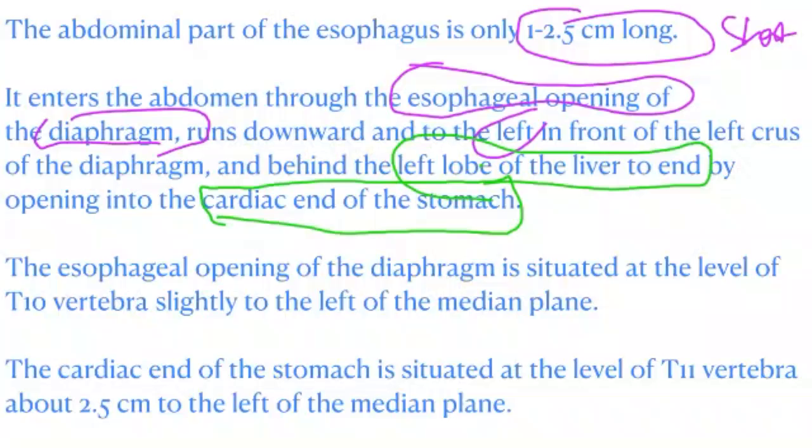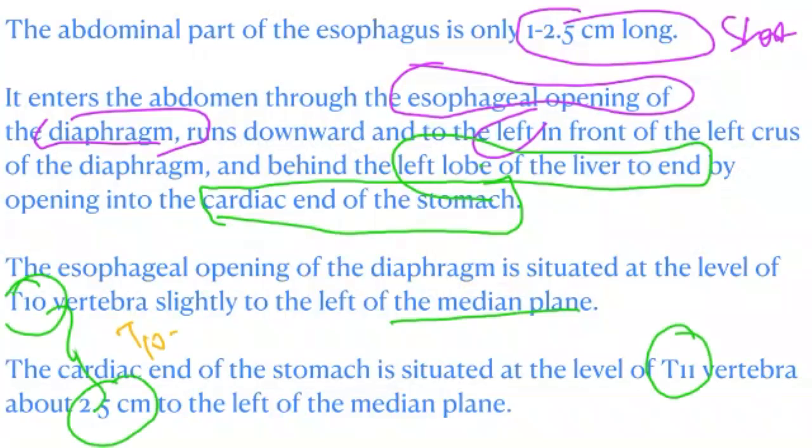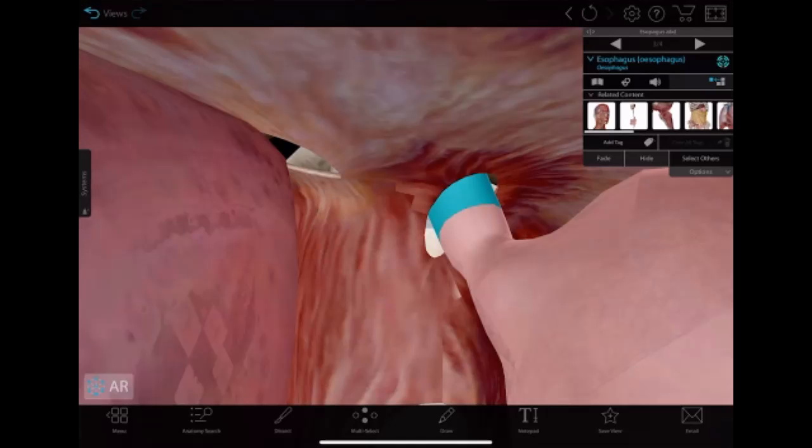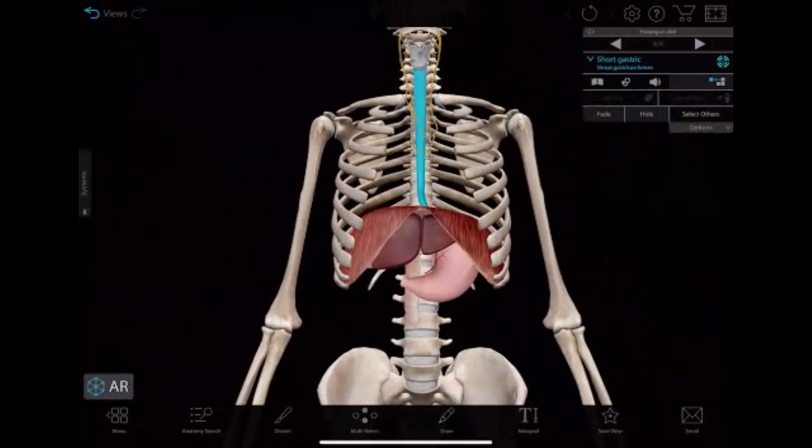The esophageal opening of the diaphragm is situated at the level of T10 vertebra, slightly to the left of the median plane. The cardiac end of the stomach is situated at the level of T11 vertebra, about 2.5 centimeters to the left of the median. That means the abdominal part of the esophagus is only from T10 to T11.